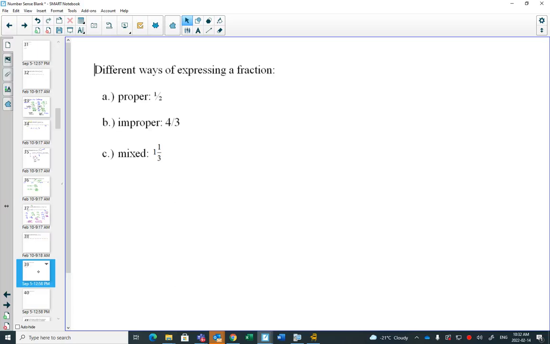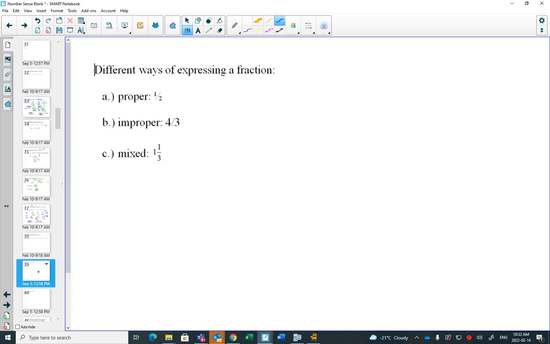Ways of representing fractions. There's proper fractions. Proper fractions, the number on the top is less than the number on the bottom. So proper fractions always end up as a decimal between 0 and 1. So you have 1/2.